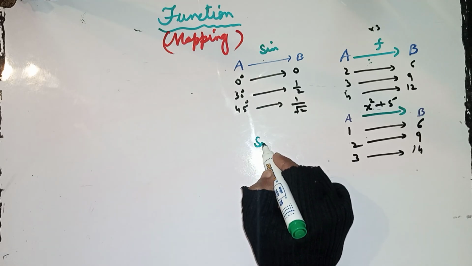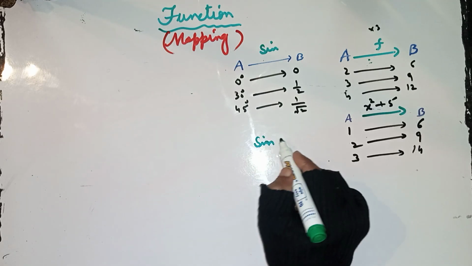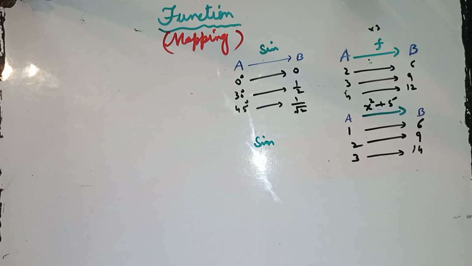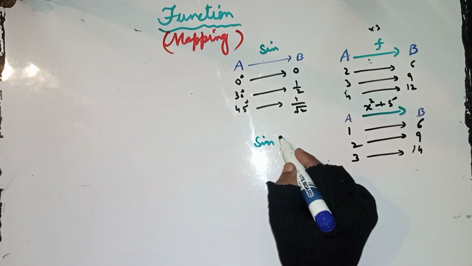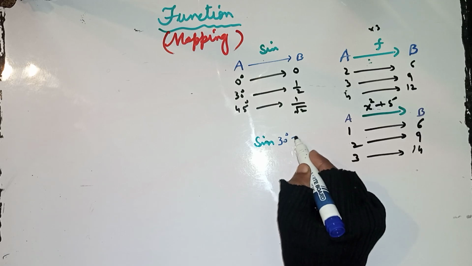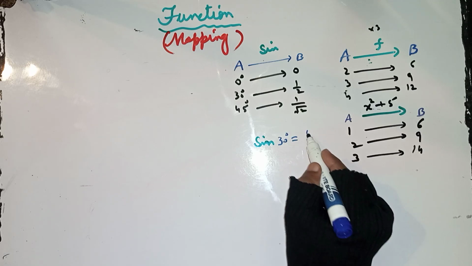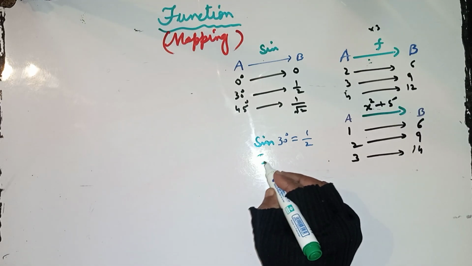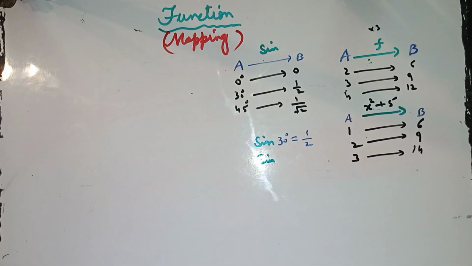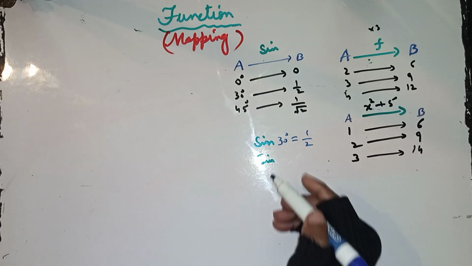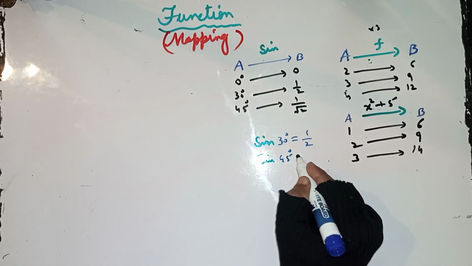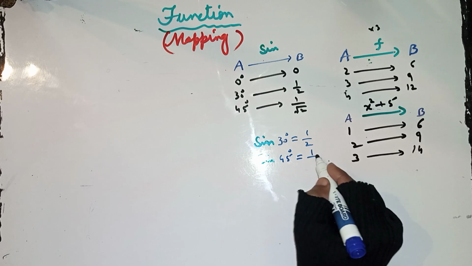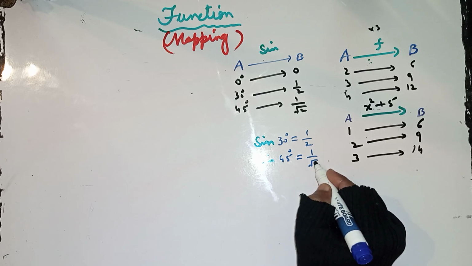I write it as sine 30 is equal to 1 over 2, sine 45 degree is equal to 1 over under root 2.